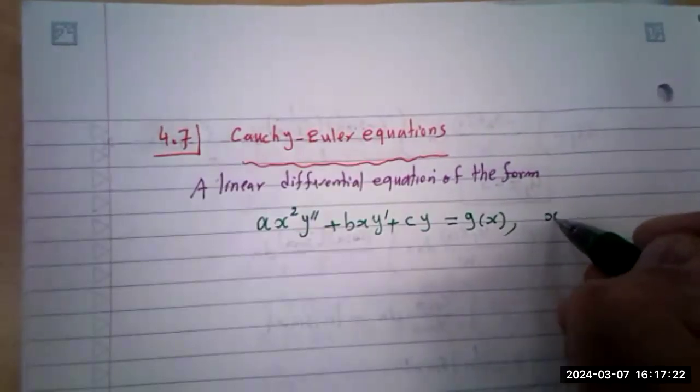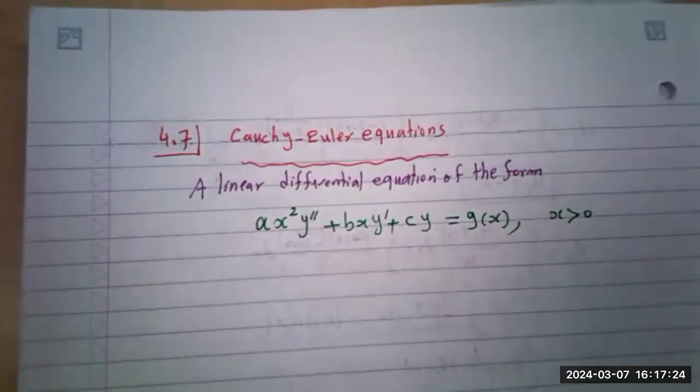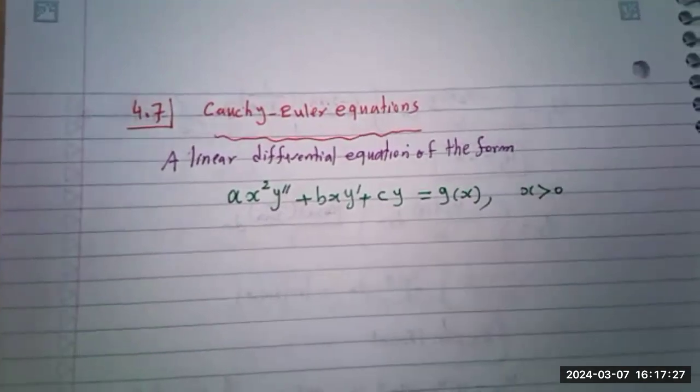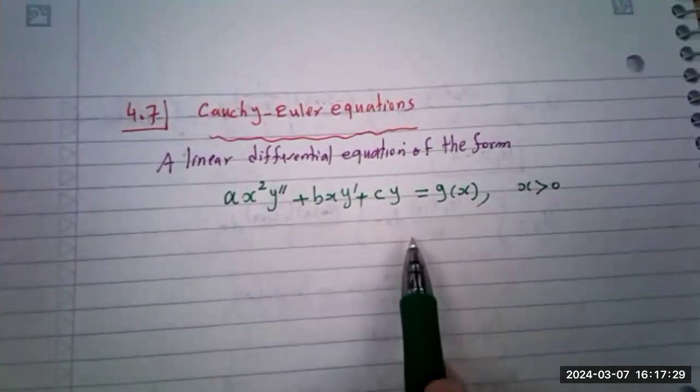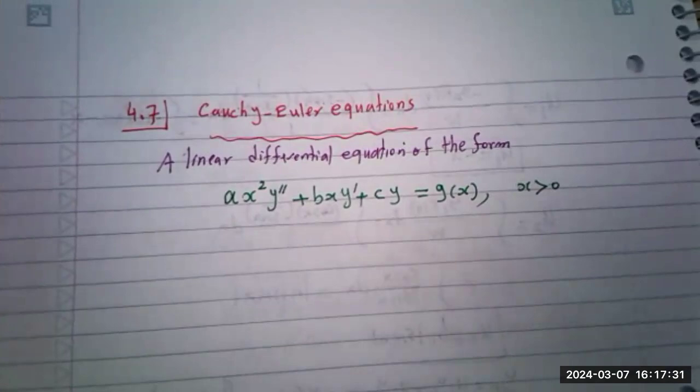We assume x is positive, or non-zero most of the time, because x is going to be all over the place. If x is 0, everything would be 0.